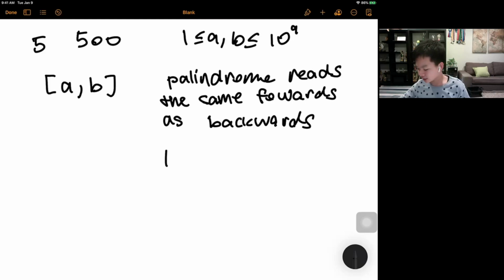Instead of generating at most 10 to the 9th numbers, we can just generate basically the square root of this, because if it's 10 to the 9th, we generate the first 5 digits, and then the rest we know, since a palindrome means the same forwards as backwards. And then we just check if this is prime.